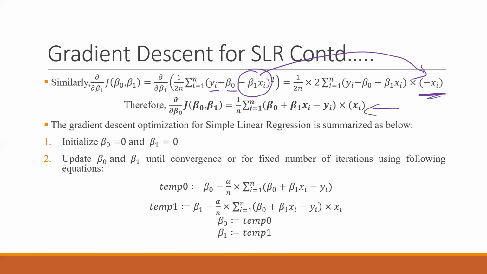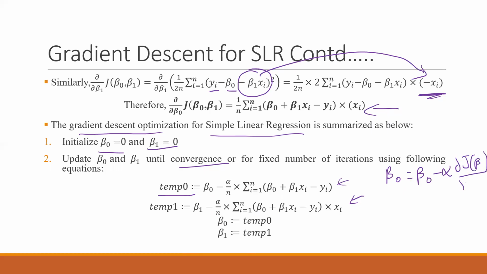Now we have to do the gradient descent optimization for the SLR. Initialize beta naught and beta 1 as 0, and update until the convergence point is found. Let's say we have this temp 0 variable, where the first equation is beta naught minus alpha by n into this point, and temp 1 is beta 1 minus alpha by n into this second point. I hope you remember the equation: we needed to update beta by doing alpha into the partial derivative of J over beta j.